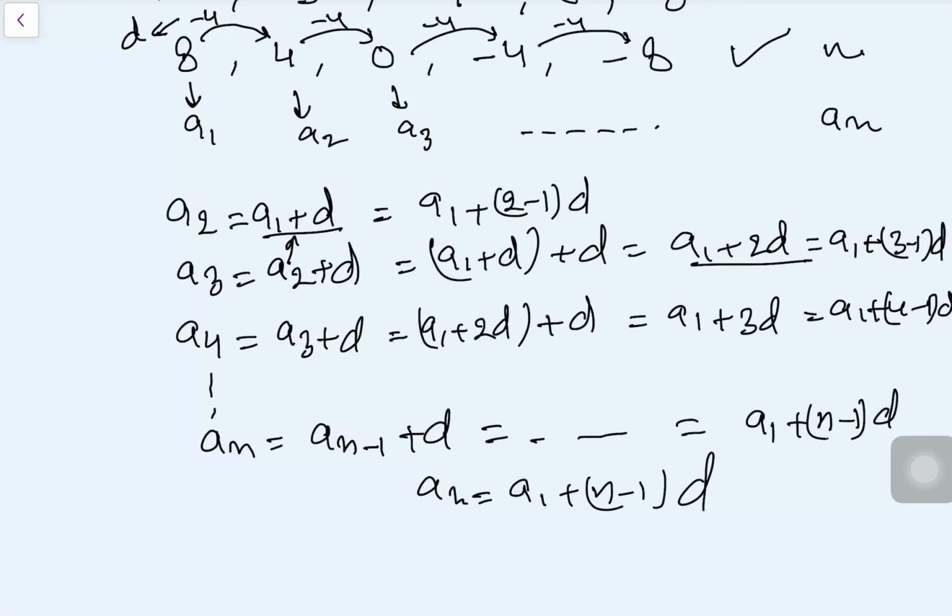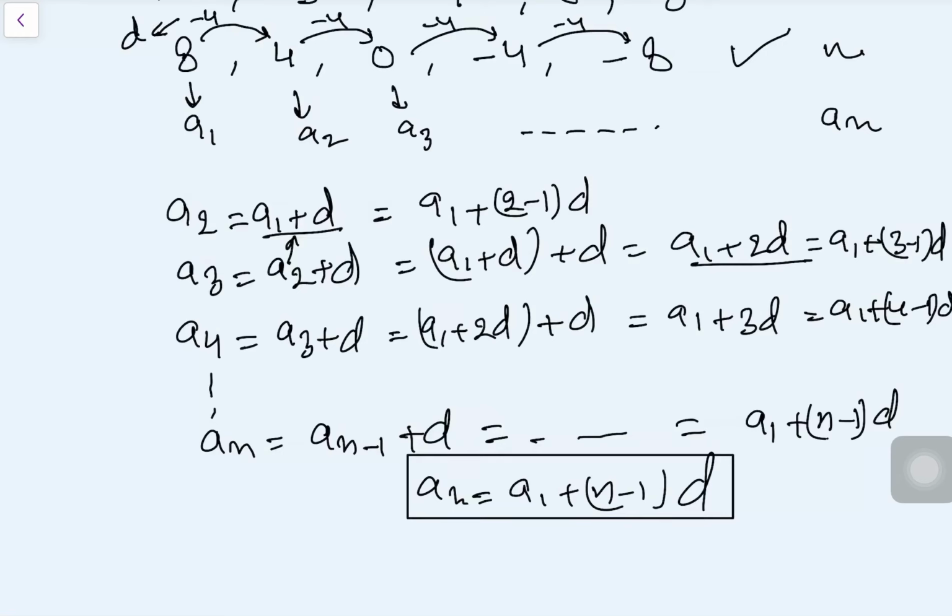It means the nth term of the series will be the first term plus n minus 1 times the common difference. So if we know the first term and the common difference, then we can find the value of the nth term.